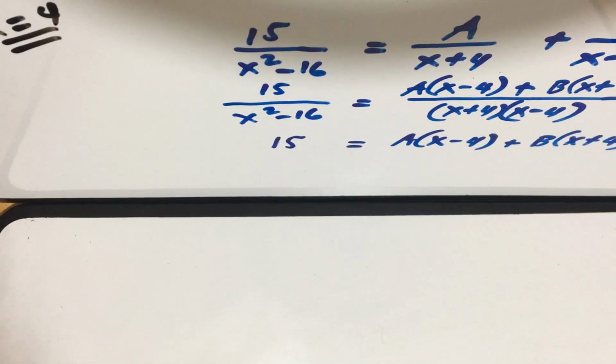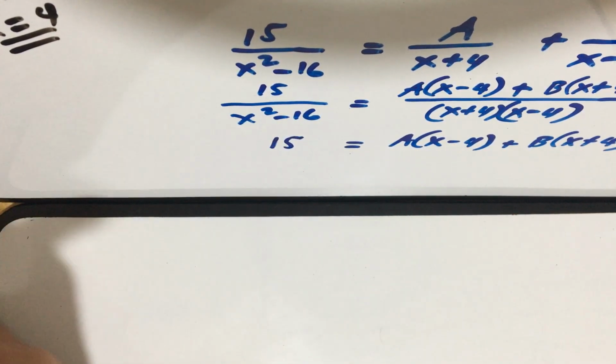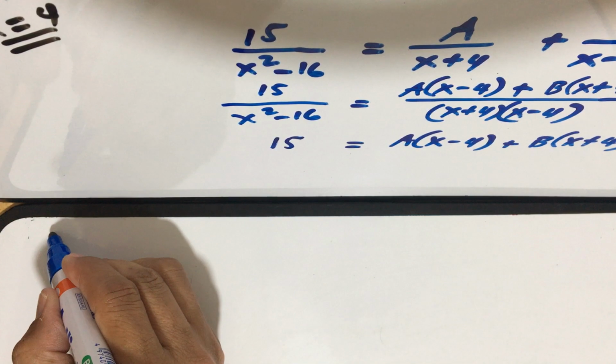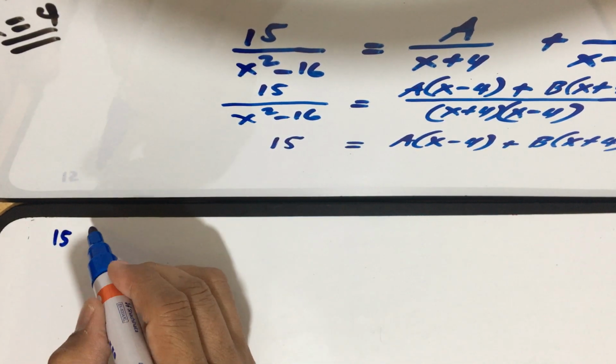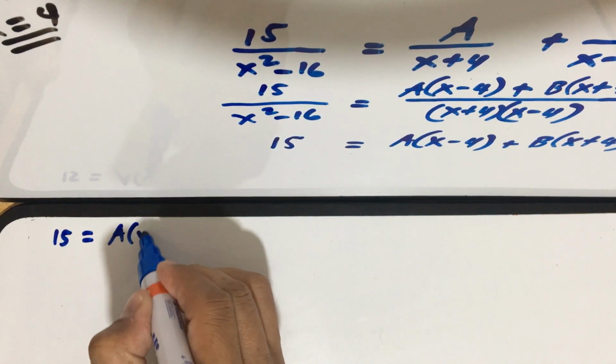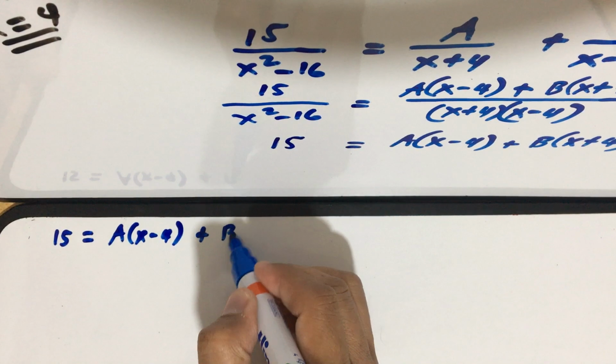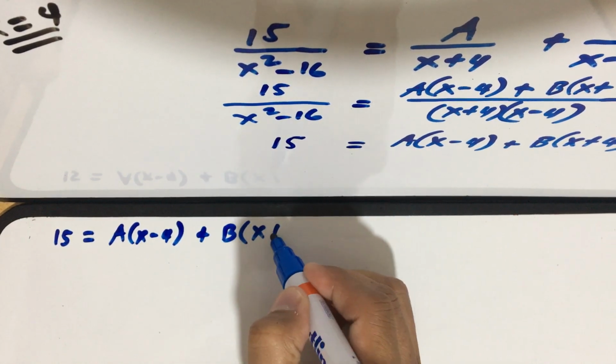I'll just rewrite the resulting equation, which is 15 equal to a times x minus 4 plus b times x plus 4.